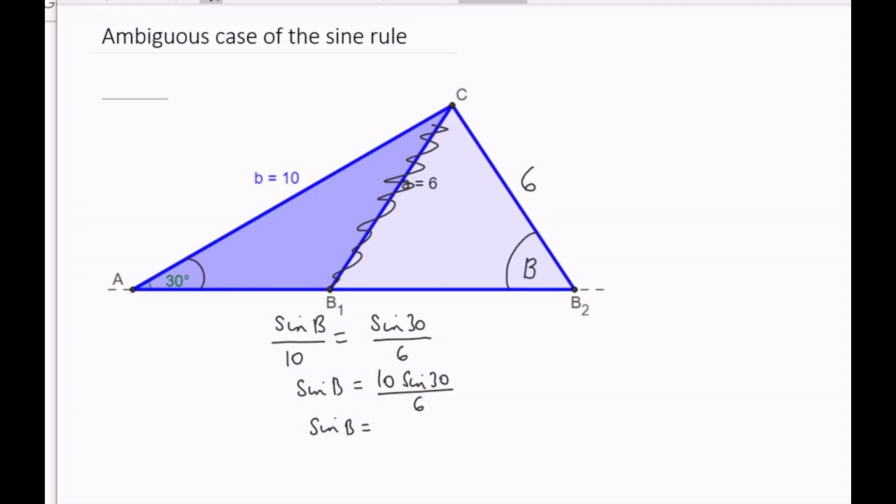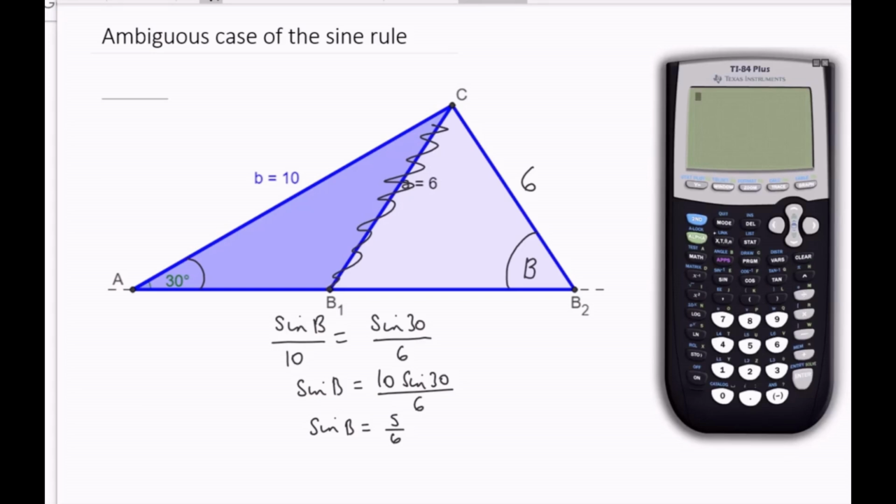Now sine of 30 is actually 0.5, so 10 times 0.5, that's 5, so it's actually 5/6. Now if we go to the calculator to work out what B is, we would do shift sine of 5/6.